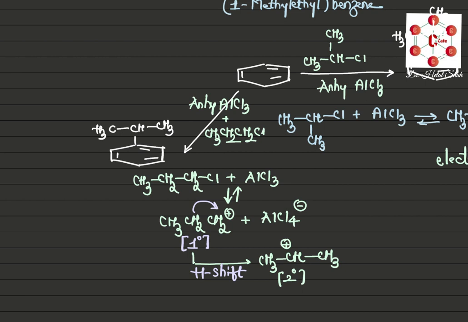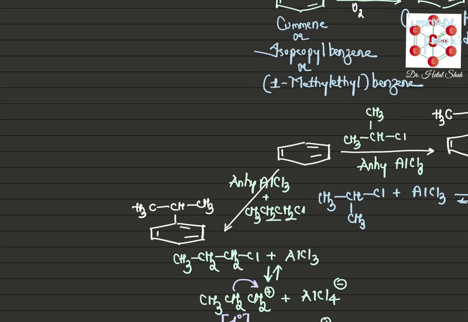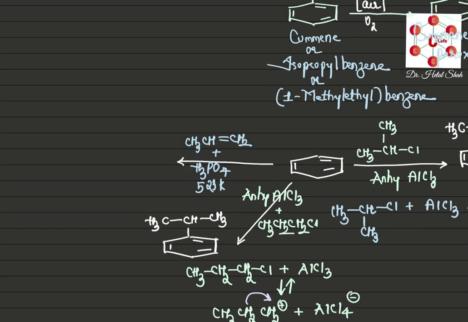One more way of getting it. 3 ways have been described so far. One more way of getting it. You take CH3, CH double bond CH2 plus H3PO4 and the temperature is 523 kelvins. So what would happen here?